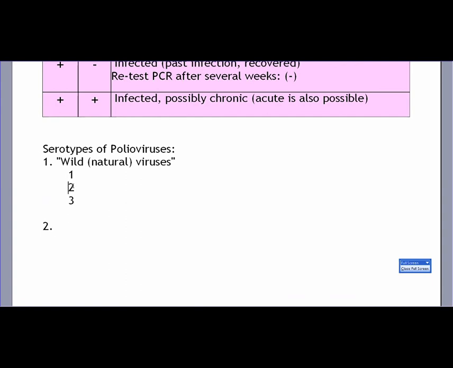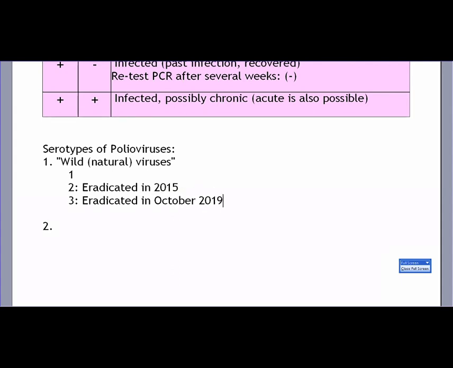Serotype 2 has disappeared from the world. It has been eradicated. This serotype was eradicated in 2015, so very few years ago, disappeared forever. And one difference with the class that I was teaching last year, serotype 3 was eradicated very successfully in October.